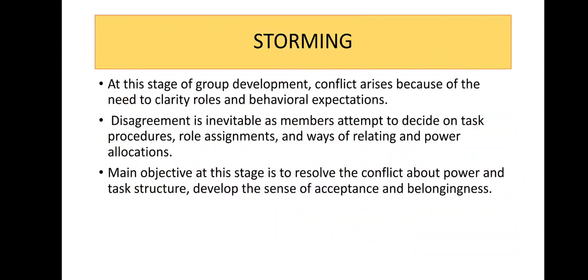In the process of formation, they'll be trying to be in a bond, or in a friendship group. But in the storming stage, as the group develops, there will be more conflicts and misunderstanding.